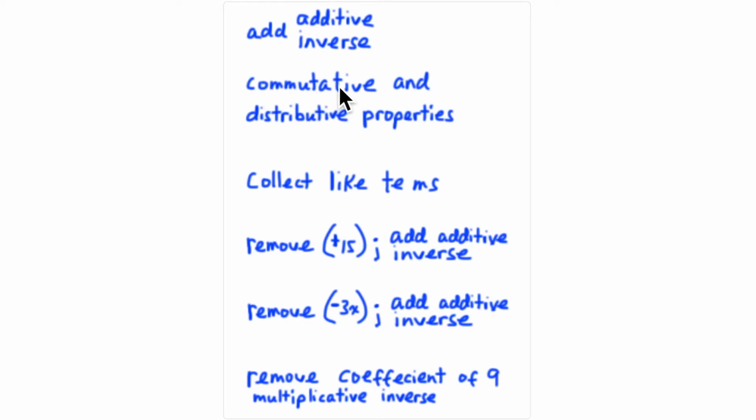Then I would use the commutative property to move things around. So we get all the numbers right next to each other, and get all the terms with variables next to each other, then collect those like terms, and then I could remove the numbers from one side by using the additive inverse, and I could remove the variable from the other side by using its additive inverse, and then finally, to get rid of the coefficient, I would use the multiplicative inverse.